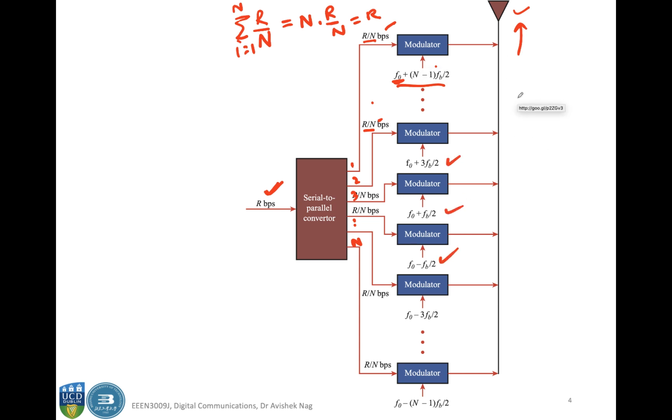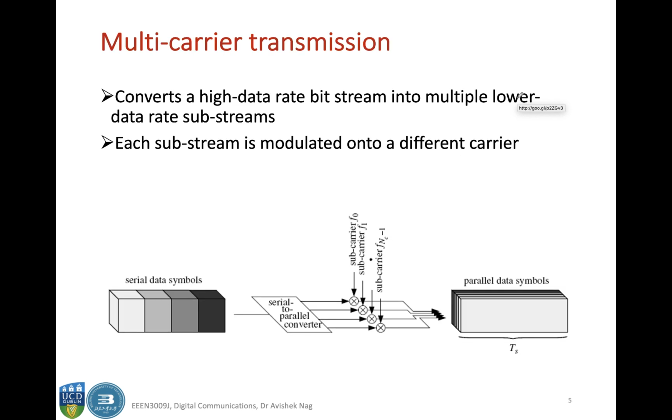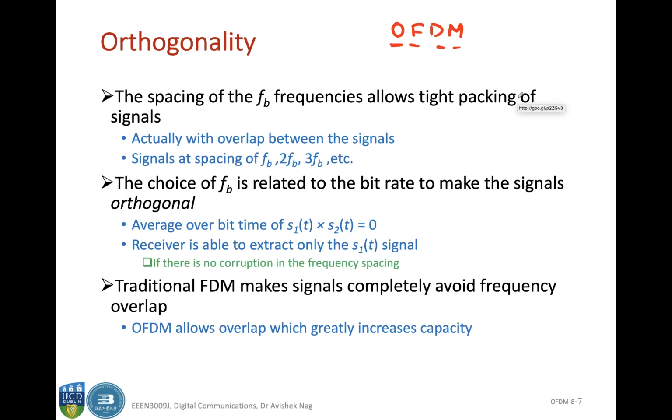So this is essentially frequency division multiplexing, but with the O, which stands for orthogonal, and the orthogonality is ensured between these different subcarriers.